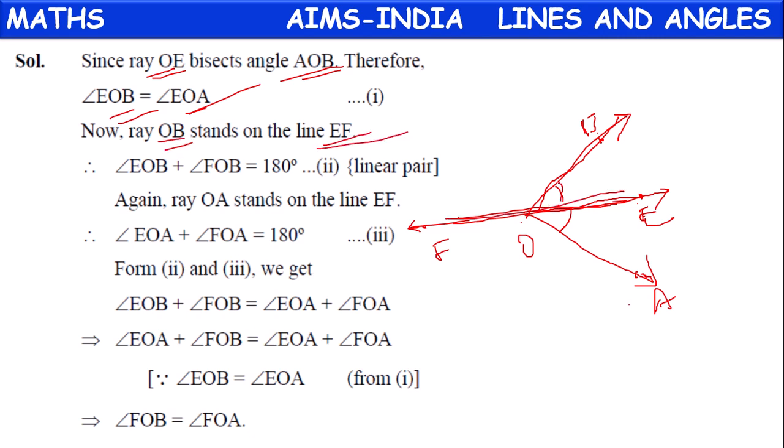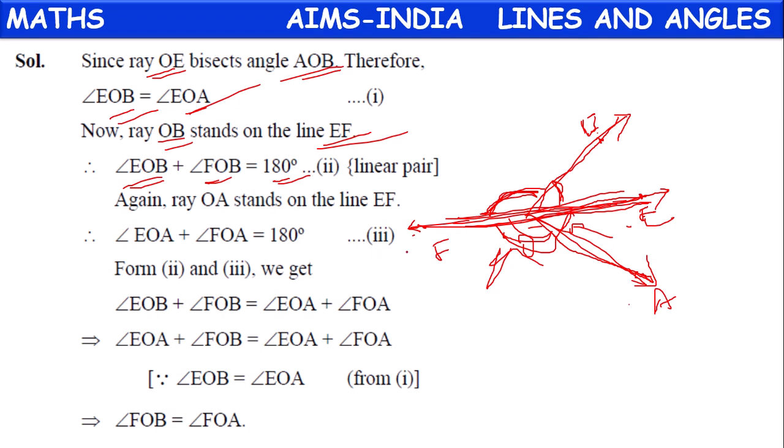So this part and this part form a linear pair. So FOB plus EOB equals 180 degrees, linear pair. And OA stands on FE, so this part and this part form a linear pair.